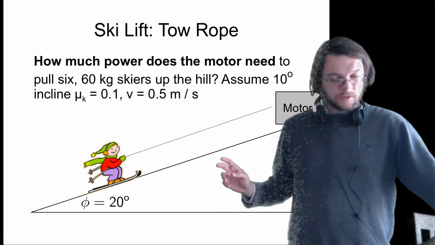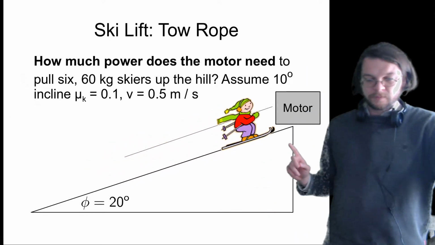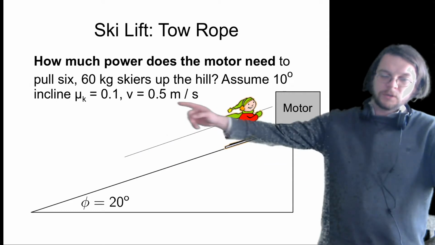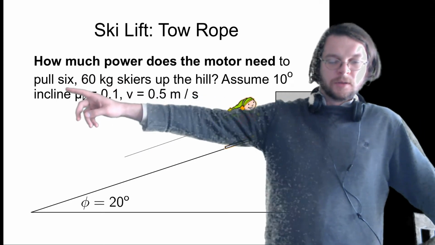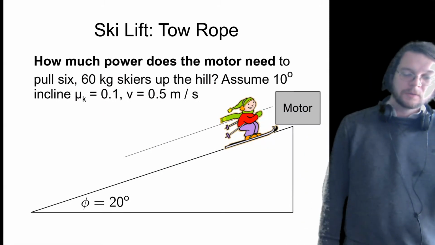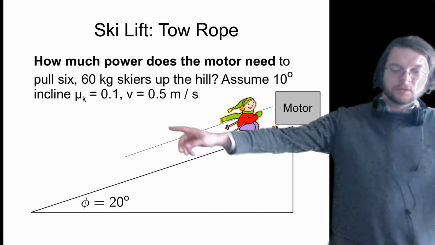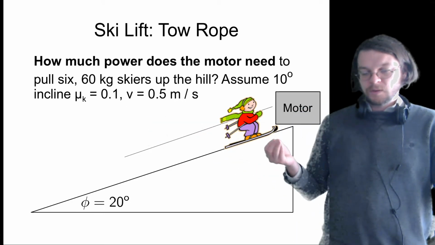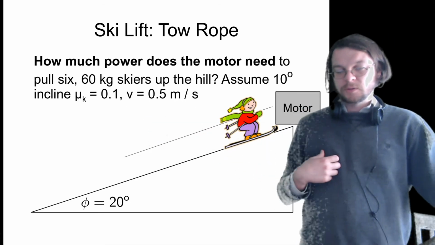So again, there's a skier that's going up the ski slope like that. And the question is how much power do you need to pull 6 of these skiers, each one of them is 60 kilograms. There's some coefficient of friction, right? Because even though it's snow, there's still some amount of friction that's there.